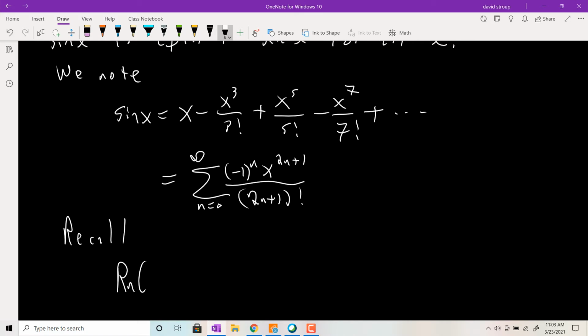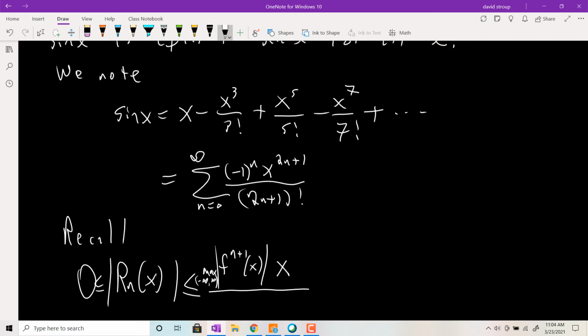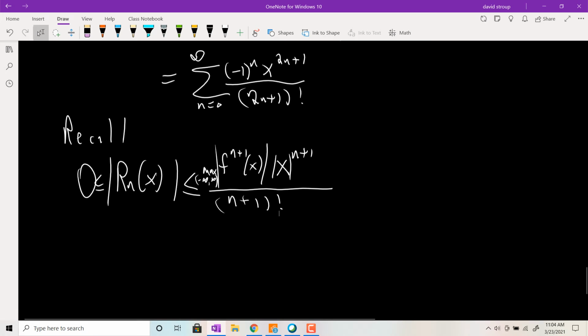We had R sub n of x, because it's an absolute value, it's definitely greater than or equal to 0, but it's also less than or equal to this f, the max of the absolute value of the n plus first derivative on this interval, and here it's the infinite interval on the real numbers, and then times x to the, or actually it's x minus 0, but then x to the n plus 1 in absolute values all over n plus 1 factorial. Okay, so hopefully you remember seeing that scary looking thing.